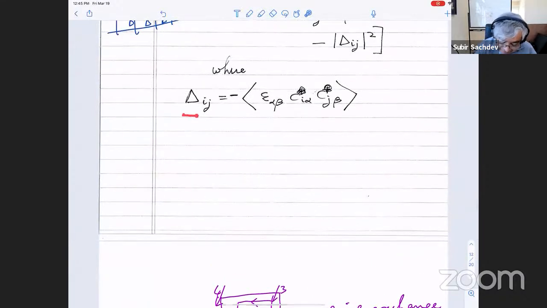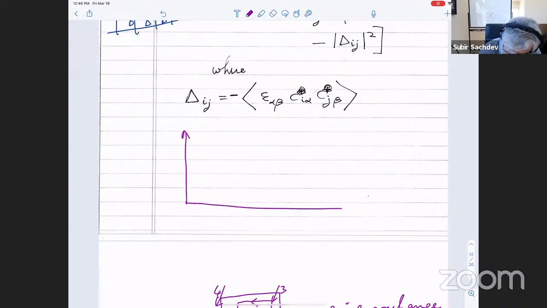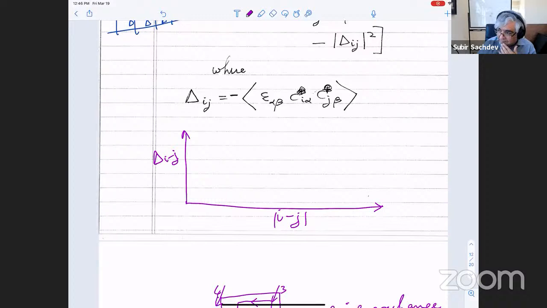Okay, but now I can try to compute this quantity and take its Fourier transform. So let me try to talk about that. Now I plot delta of i minus j. And actually this quantity, if you compute it in the BCS theory, it looks something like this.